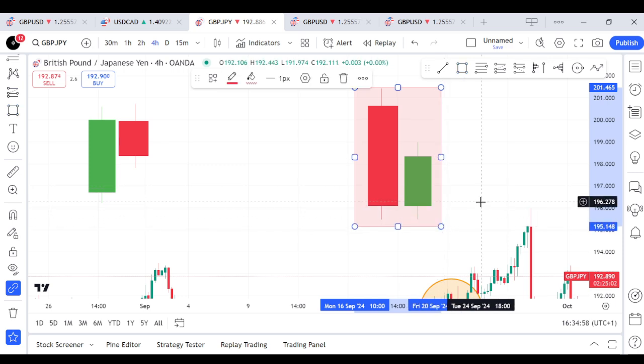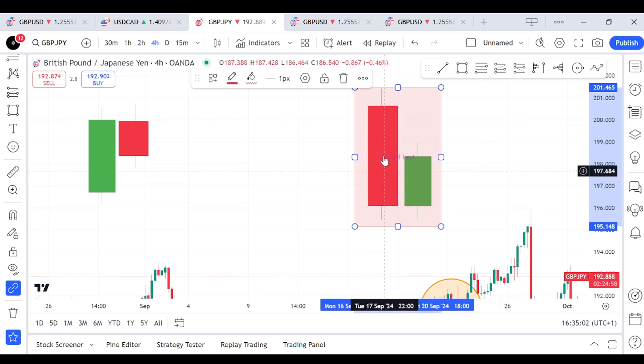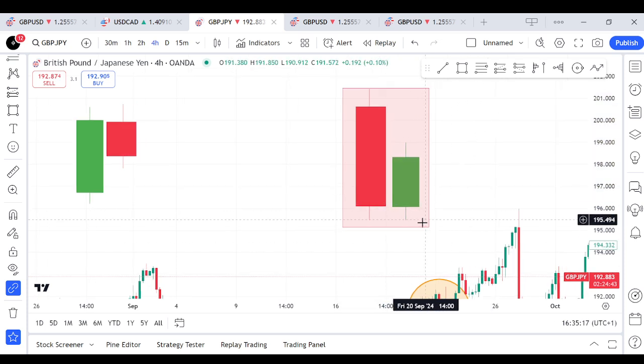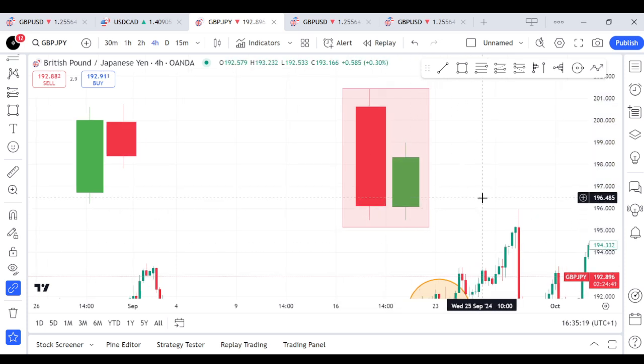So like I said, it appears during downtrend, so you look for a large bearish candle followed by a small bullish candle that fits entirely within the previous candle's body, which is the bearish candle. It fits entirely into its body without engulfing it or without going lower. So it suggests that the downward momentum is weakening and we might turn bullish.